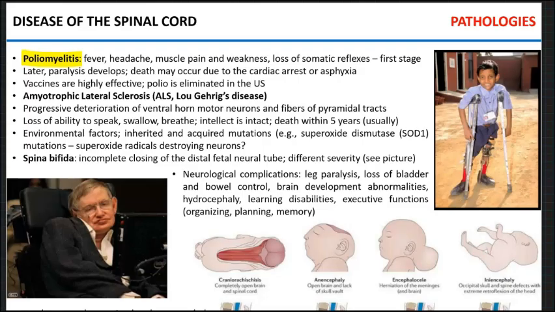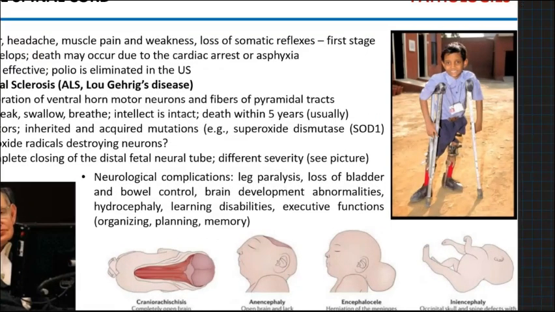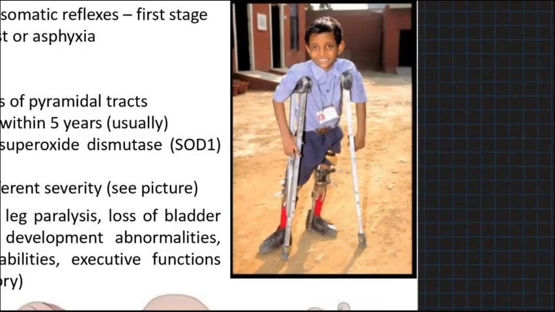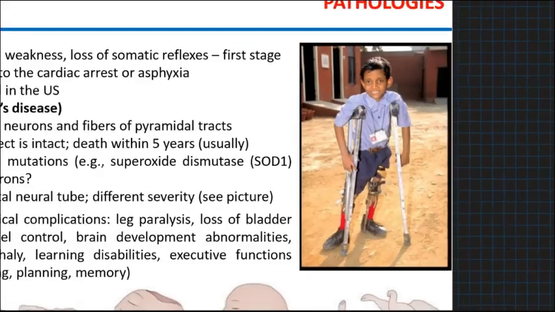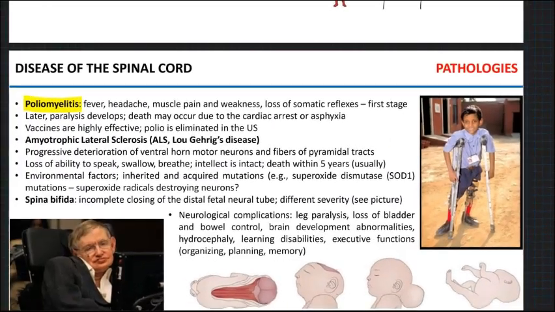It's transmitted when people accidentally consume contaminated water, and it infects the gut first, and then in 1 out of 100 cases it moves into the neurons, reaches the spinal cord and destroys... Do I have it here? No, I don't have it here, but what it basically does is kill lower motor neurons. And just like this kid, people develop full or partial paralysis, usually in the lower limbs. Okay?